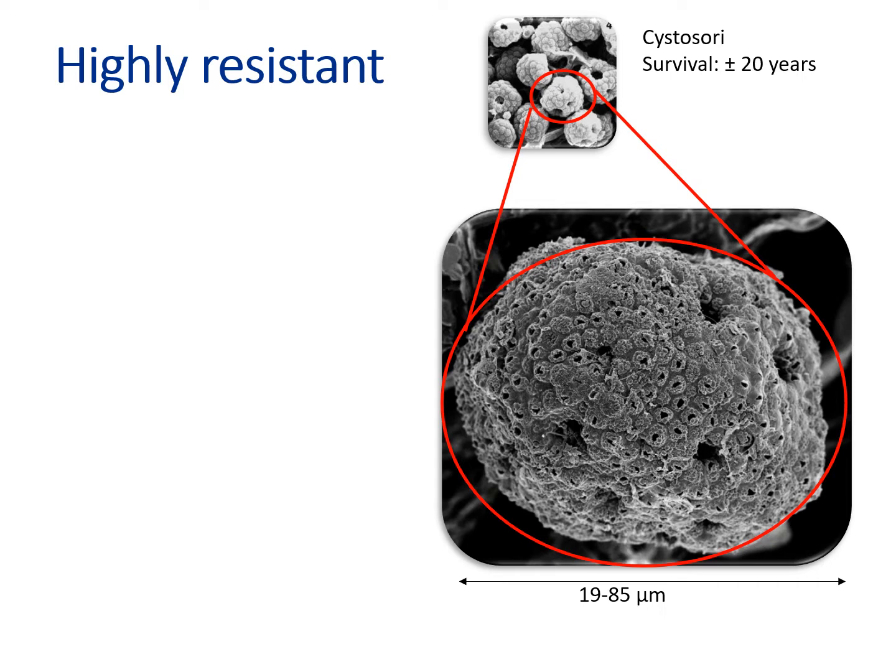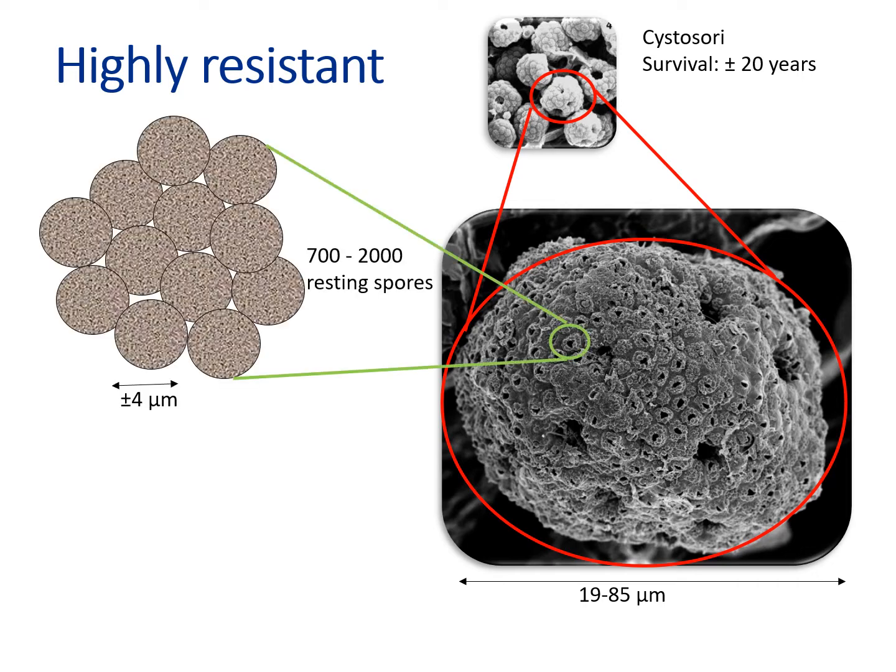If we zoom in, we will see that this cystosorus, which is approximately the size of a grain of sand, is composed of smaller structures, and these smaller structures, as you can see here, are individual resting spores. Within each cystosorus, there are anywhere between 700 and 2,000 resting spores.